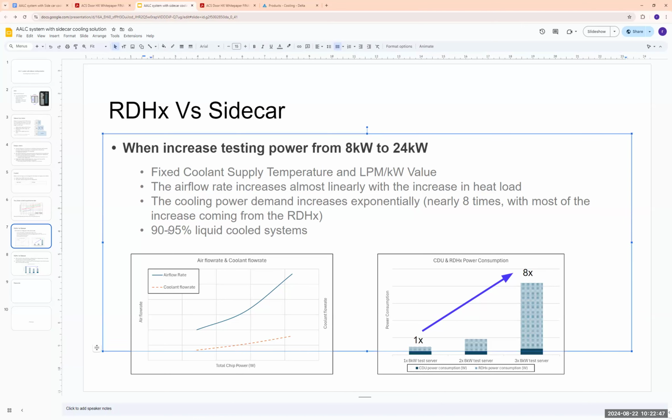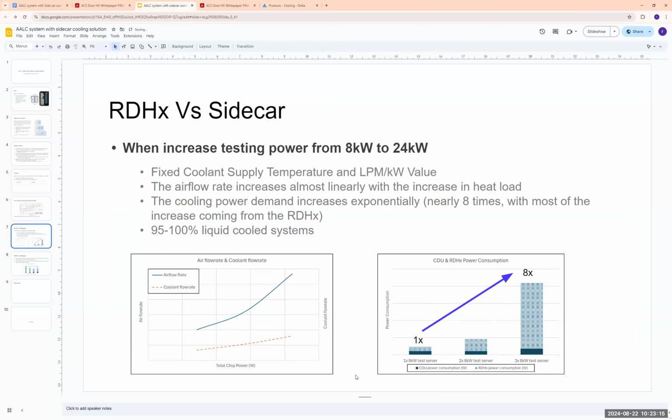So if you put a rear door there and the servers are closed because they don't need air, you cannot move the air through the servers. So the rear door will have a big problem moving the air through the servers because everything is closed. Therefore, in that case, in the future, the sidecar will be the most suitable technology to be able to cool down the servers.